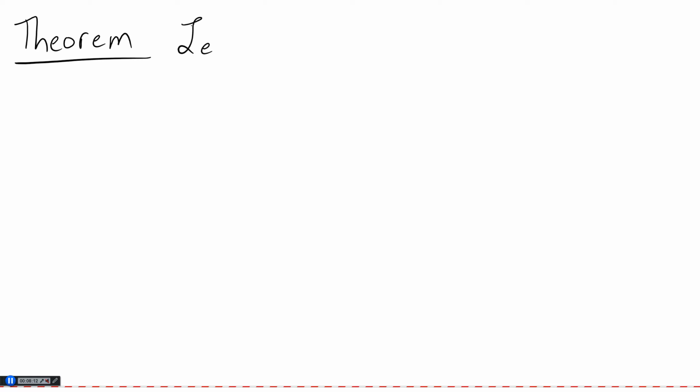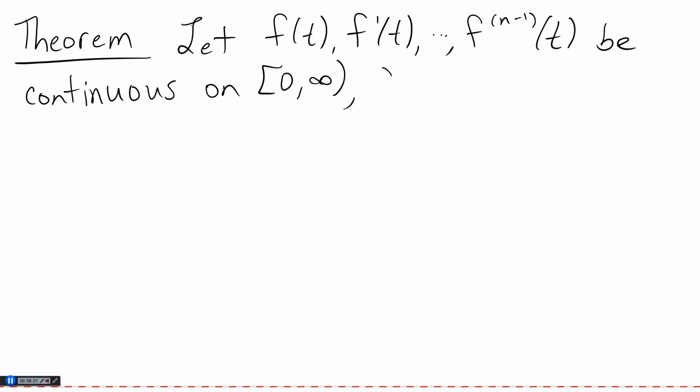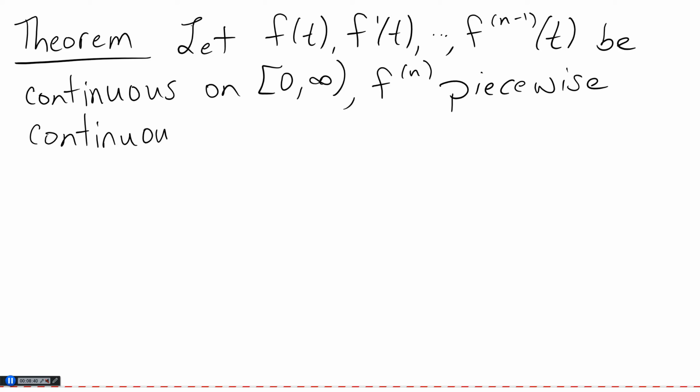And then putting that together in our final theorem, let f of t, f prime of t, all the way down to the n minus first derivative be continuous on 0 to infinity, and the nth derivative piecewise continuous on 0 to infinity.